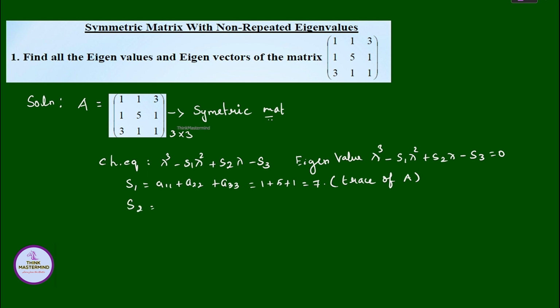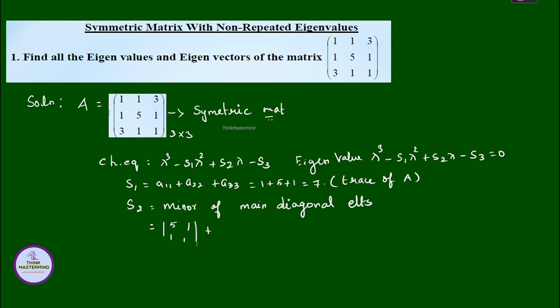S2 is the sum of minors of main diagonal elements. The first diagonal element is 1. Leave the corresponding column and row, and find the determinant value of the remaining elements. Therefore, 5 1 1 1, plus the second diagonal element is 5.